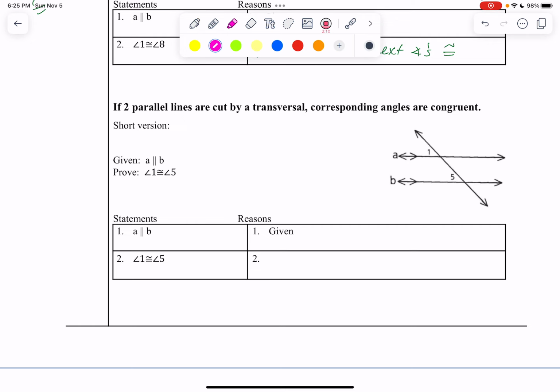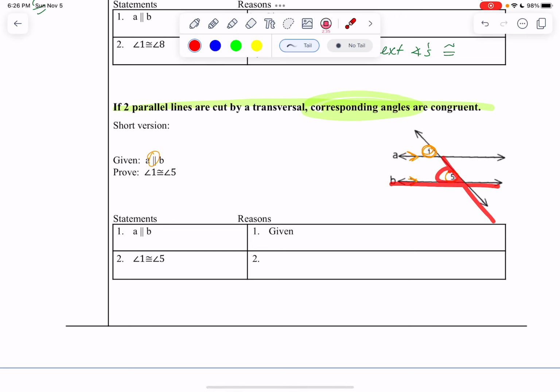This time we're looking at corresponding angles. Looking at the location of the angles. Again, there's my symbol for parallel lines. That's what tells me that. My angles are in the same position at each intersection. So at this intersection, we're at top left, and at this intersection, I'm at top left.